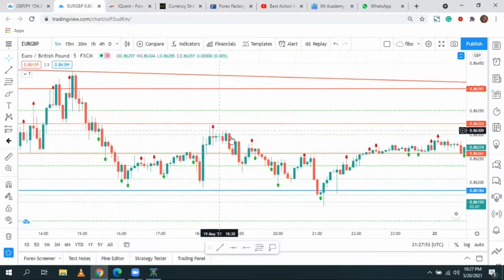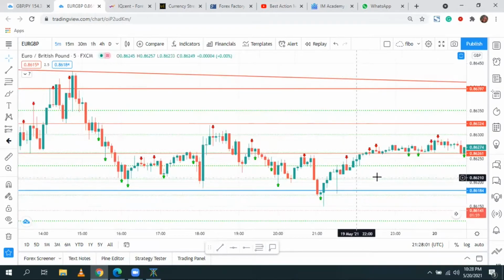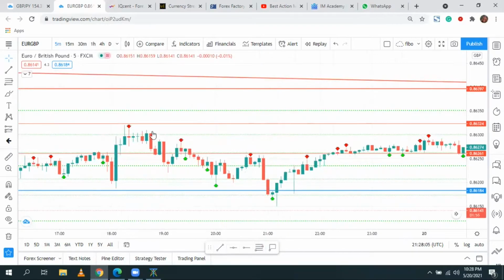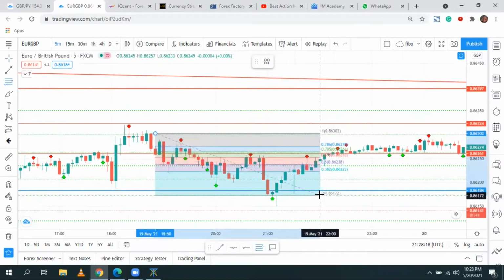Now, you saw this market shooting down, then started retracing back again, and it is a downtrend. So what do you do? You draw your fib. You get that last shoot down, the body. Remember, we are getting the body and not the wicks, and the point where it started reversing.